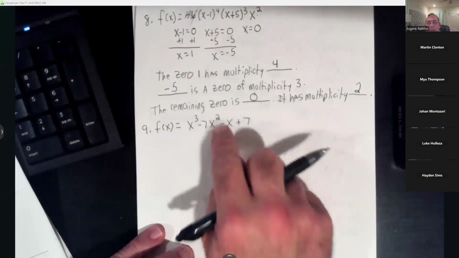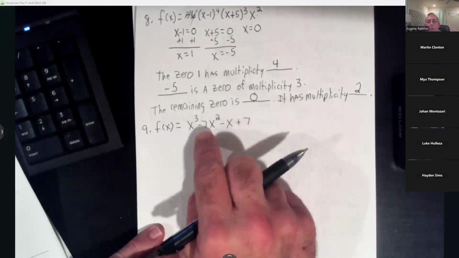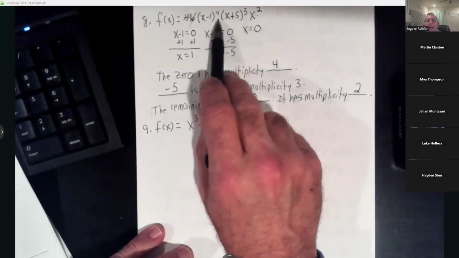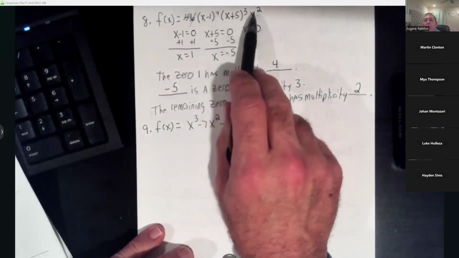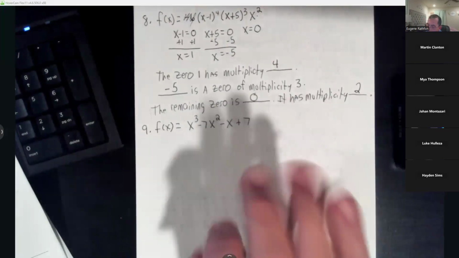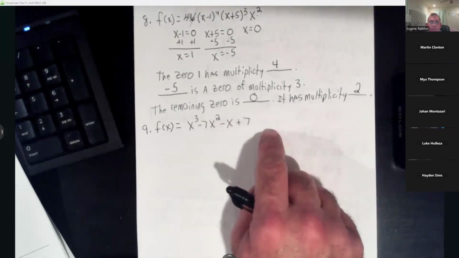So they gave us a 4-term polynomial. What we got to do is try to factor this so that we got factors with parentheses or x's with exponents or something like that. So we got to factor a 4-term polynomial.